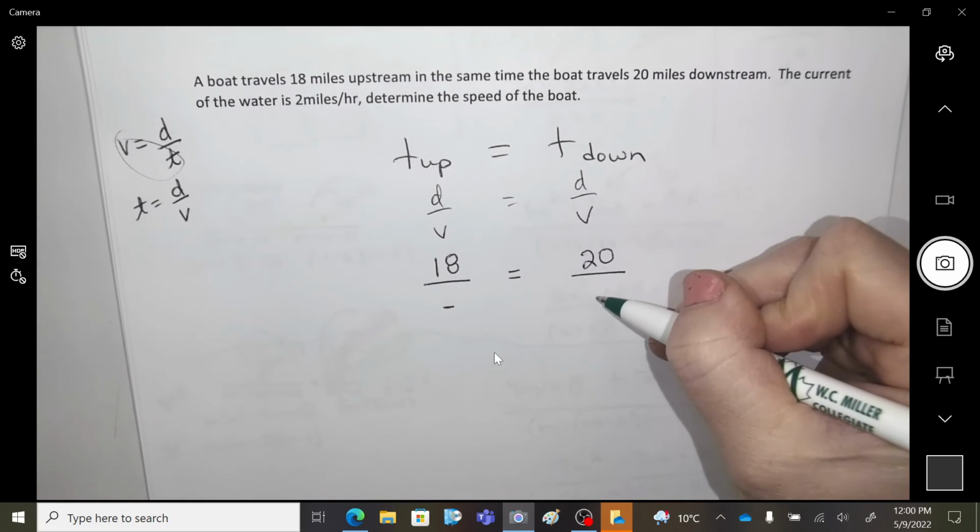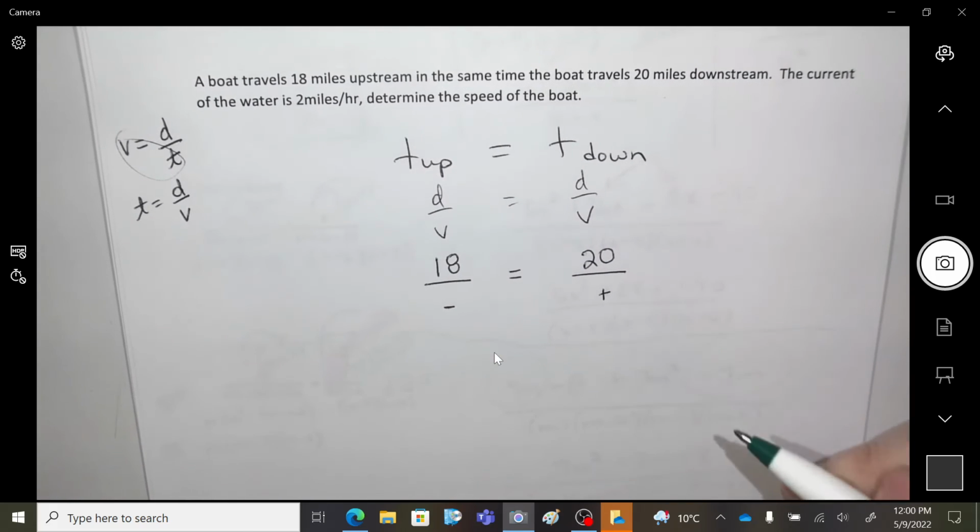Subtract, and when you go downstream, you would add. And what do I want to know? You're either going to be given one or the other, so be careful. I might give you the water speed and you get the boat, or I might give you the boat speed and you get the water speed.